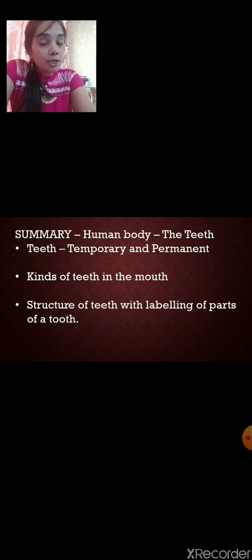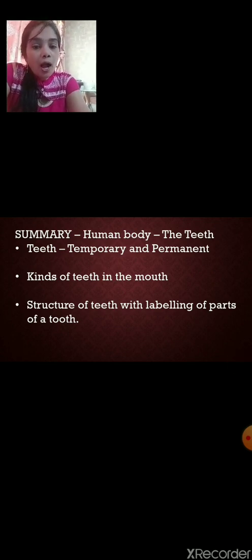The first point we will be revising about the teeth is temporary and permanent teeth. And the next comes kinds of teeth in the mouth. And the next is about the structure of a tooth, labeling its parts.